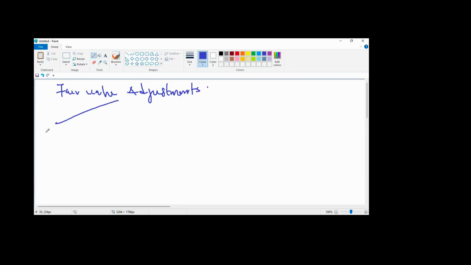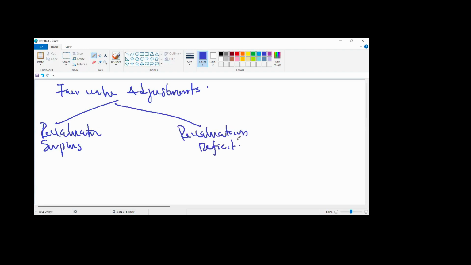It's either the revalue up that gives a revaluation surplus, or the revalue down that gives revaluation deficits. How do I know in exam it is a surplus?